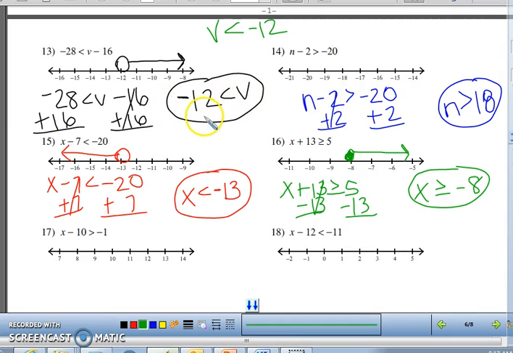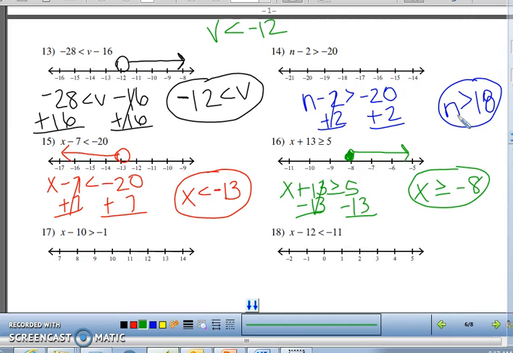Negative 12 is not less than negative 13. So these two are not the same. Make sure that you put the variable on the right side. If it began on the right-hand side of the less than symbol, then it should stay on the right-hand side. Over here, if it starts on the left-hand side, then it should end up on the left-hand side.